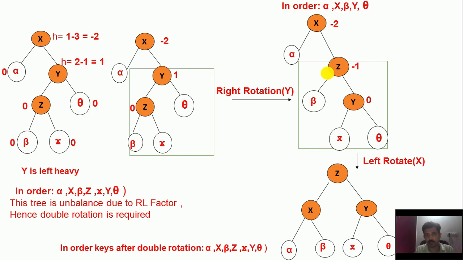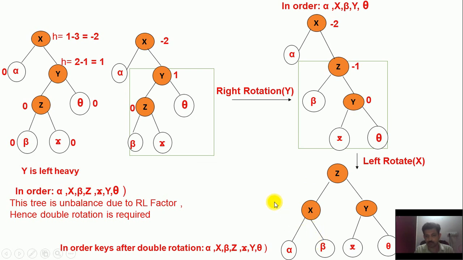When we place x, obviously alpha will be less than beta, so alpha will be placed at the left side, and beta will be placed at the right side of node x. So you can see that this is node z, and x is placed on the left side, and this beta value is placed on the right side of x.